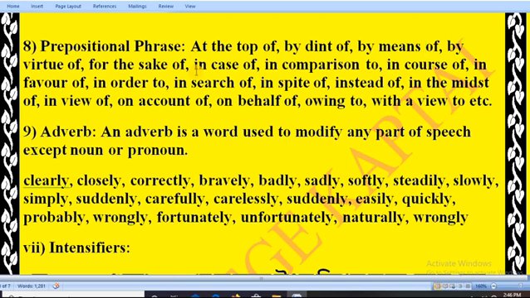Everywhere these types of items are always available in English grammar. That's why you have to memorize this type of phrase, articles, prepositions, right? Okay.